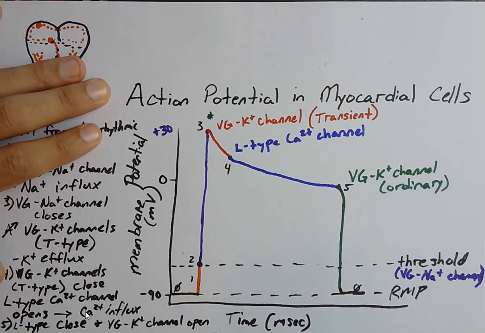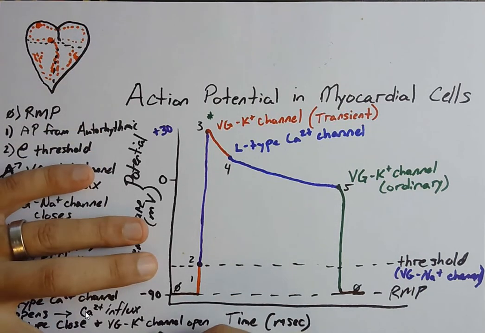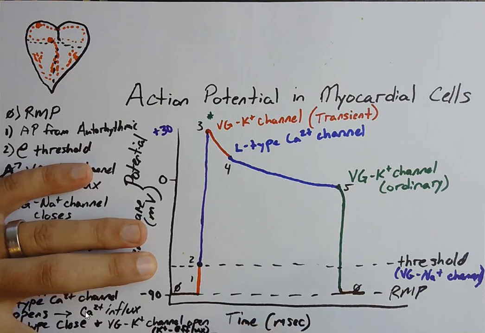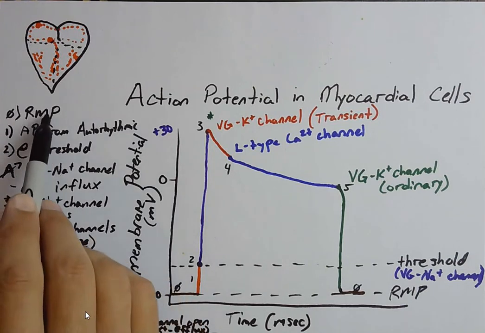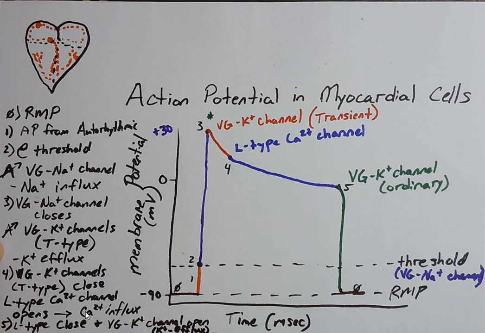Potassium efflux. I am out of room for y'all. I'm going to write real small. And what's going to happen as that potassium efflux occurs? Well, now we drive right back down until we reach resting membrane potential, at which time these ordinary voltage-gated potassium channels close again, and we're back at RMP.